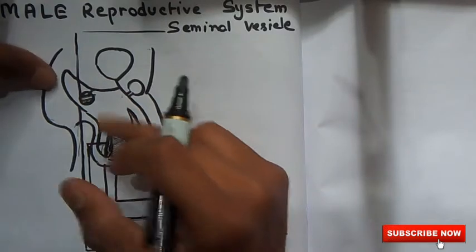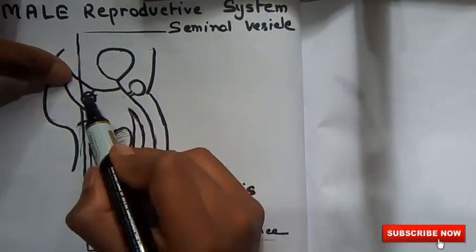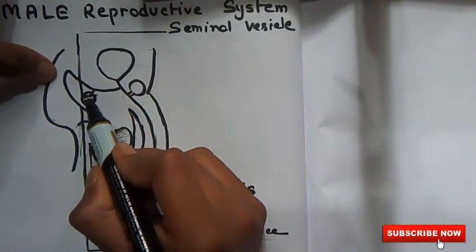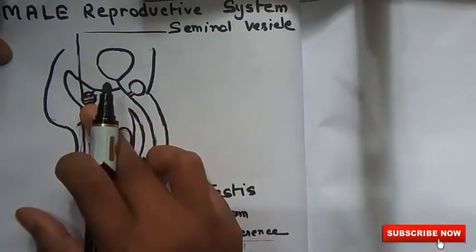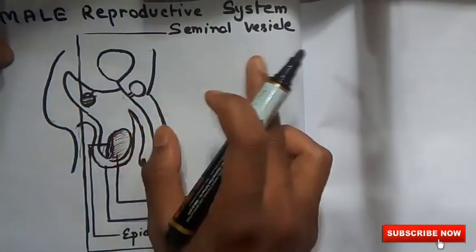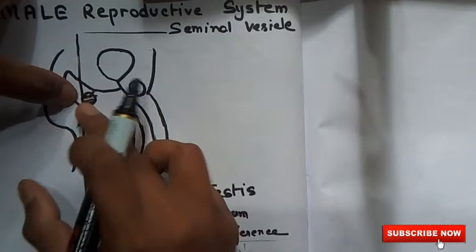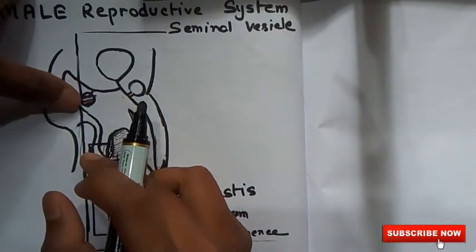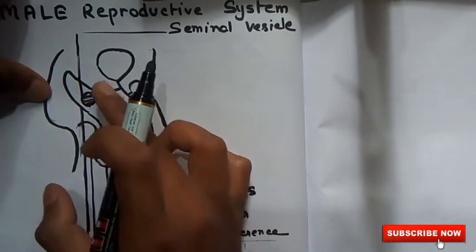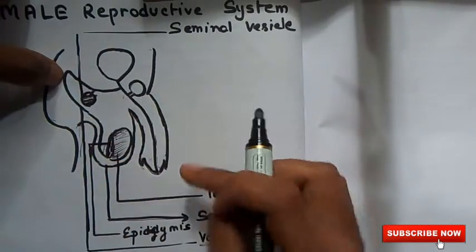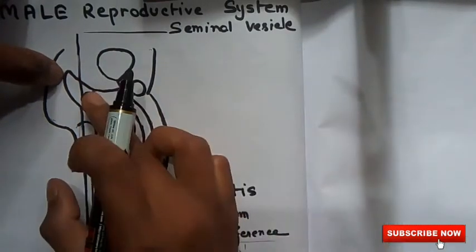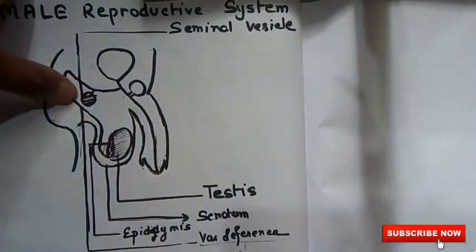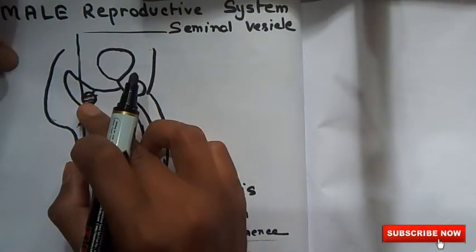Now you can see here a gland. The name of the gland is seminal vesicle, which connects with the vas deferens. What is the function of the seminal vesicle?